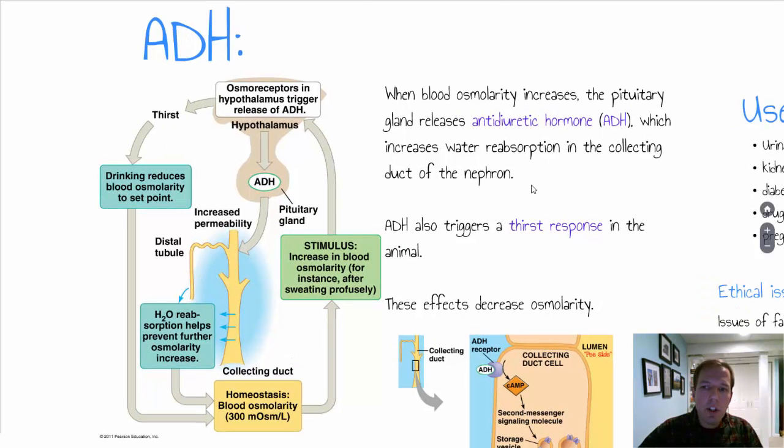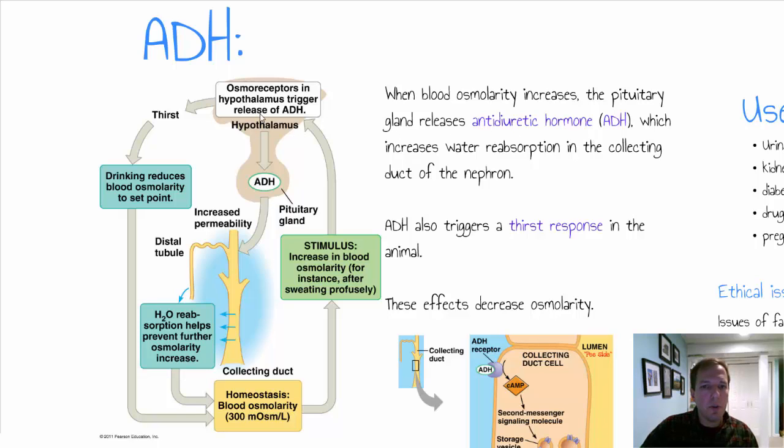ADH, which is the anti-diuretic hormone, is going to be the primary mechanism by which your body is going to control how much urine is produced. When the osmolarity of your blood increases, meaning your blood is becoming more salty, then your body will release ADH.